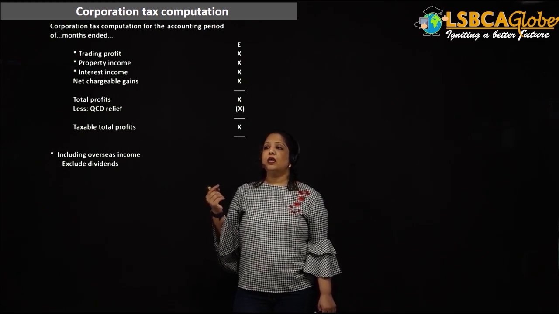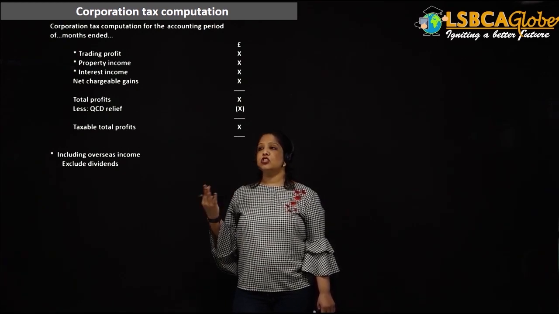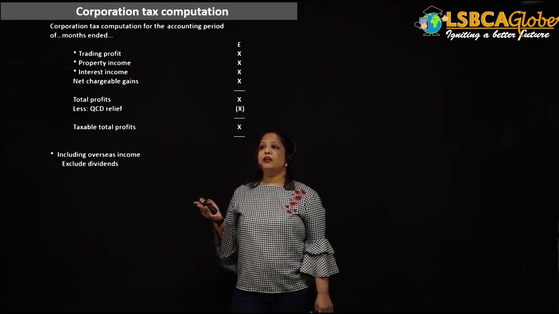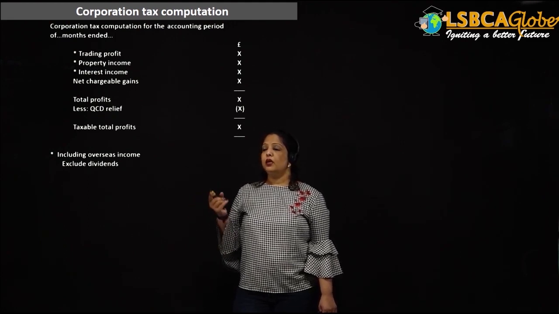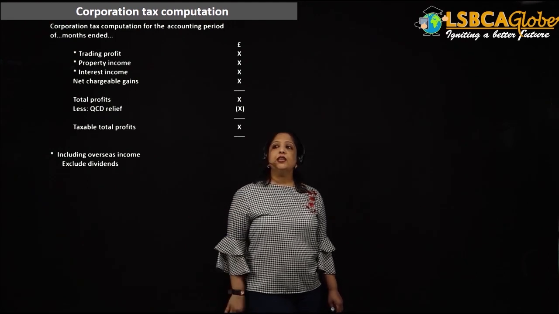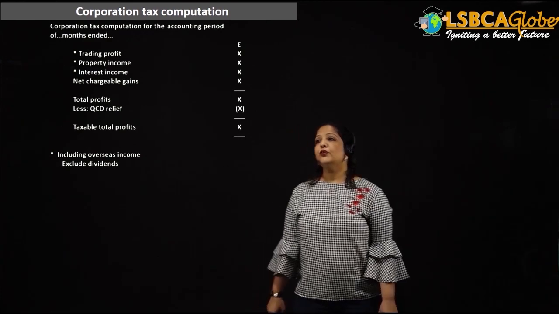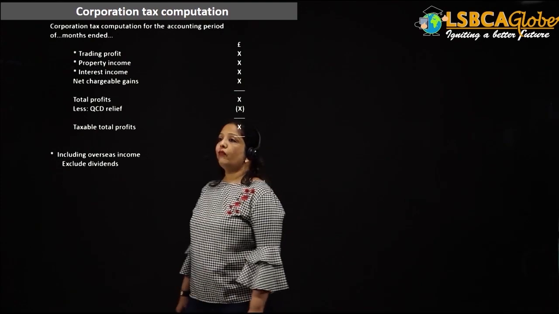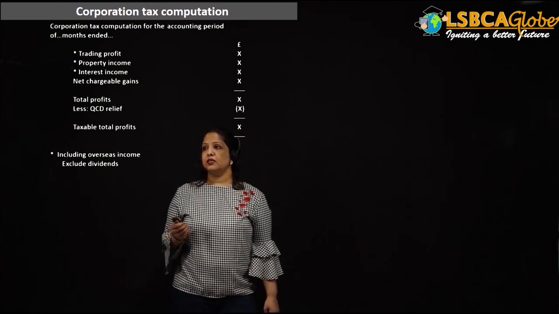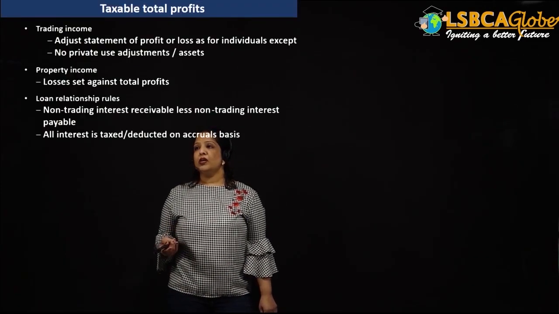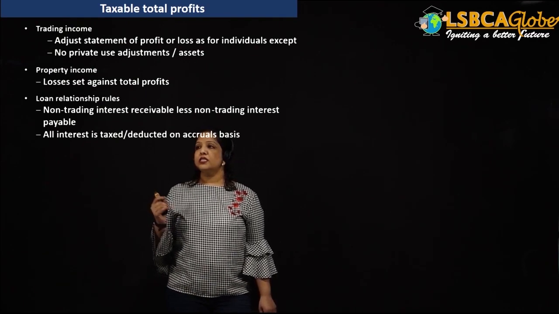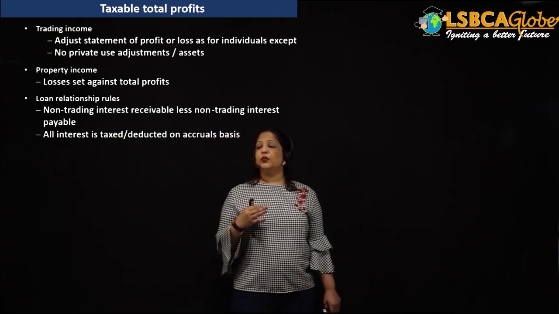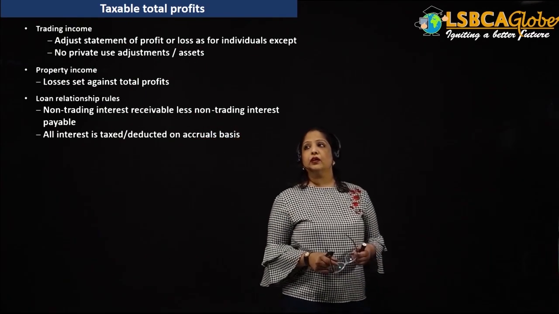When we deduct the qualifying charitable donations from that, we get the taxable total profits. Once we get the taxable total profits, we calculate the CT liability at the rate of 19%. Now class, we are going to discuss how to calculate the trading profits of a company.